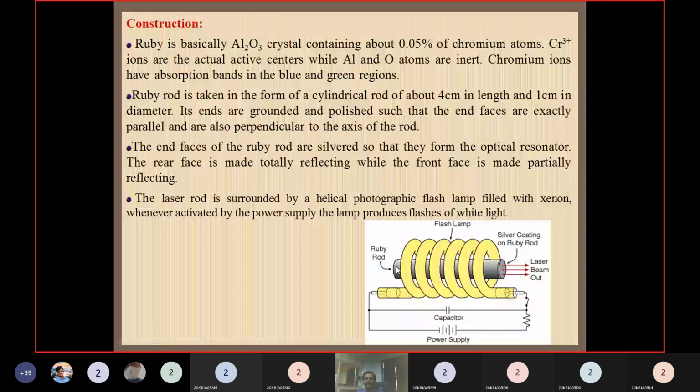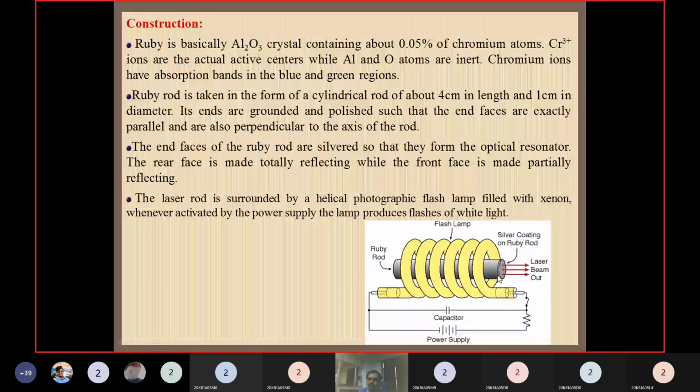If there is any bending in the rod, then those edges are not parallel. That's why this rod should be a straight line. The length of the rod is 4 centimeter and the diameter is 1 centimeter.